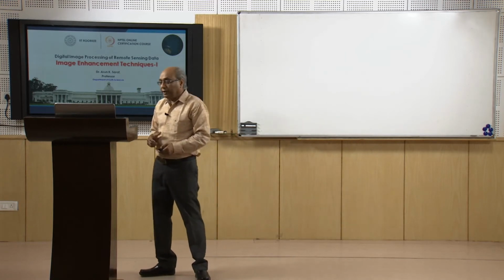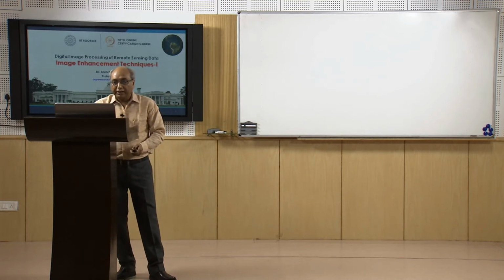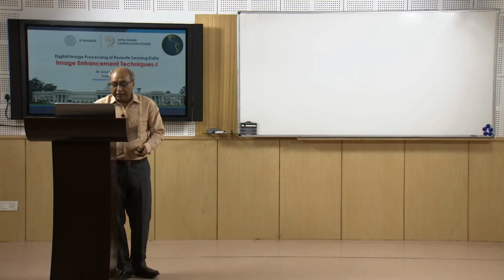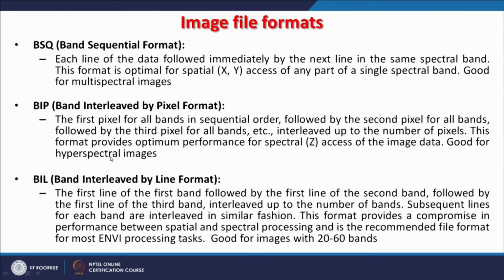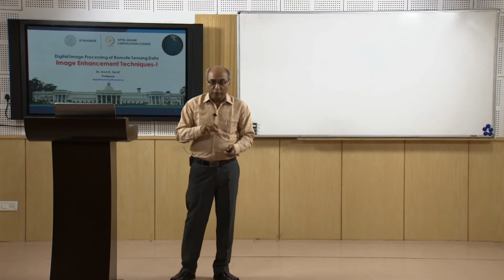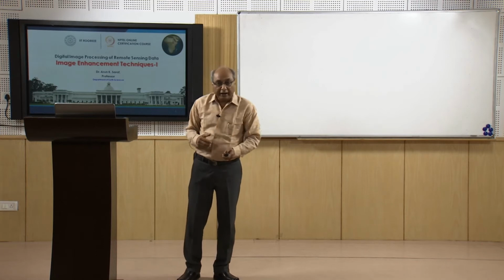Now let us see the advantages associated with these different formats. For example, the band sequential format, that is BSQ, is good for multispectral data, because all the bands are one after another. And BIP is good for hyperspectral images, where we are talking about 256 images and many more. Because when we want to retrieve the data, we don't have to go to the end of the entire data set.